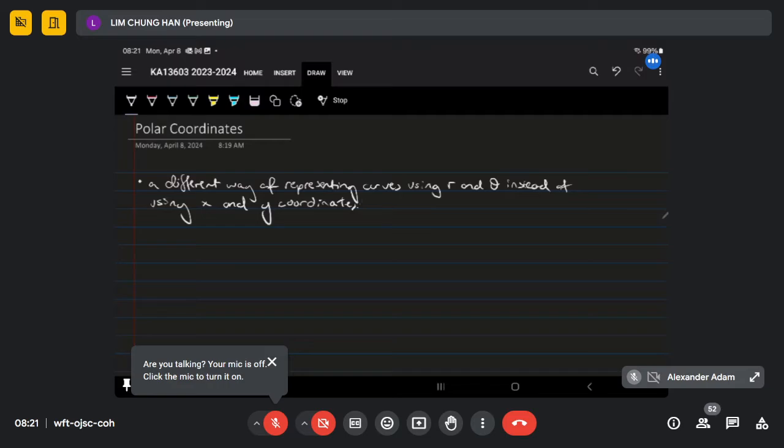It's a different way of representing curves whereby we use r and theta instead of using x and y.